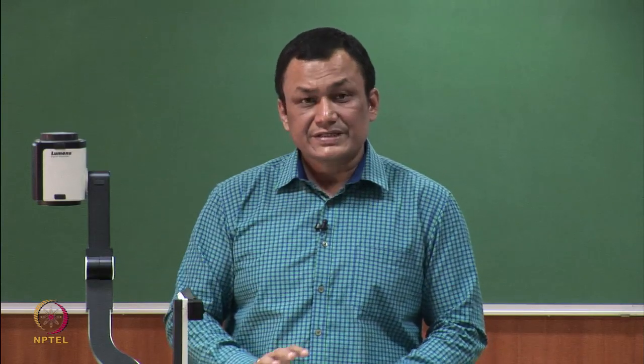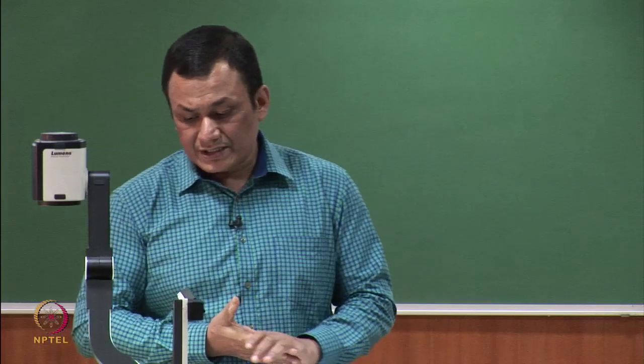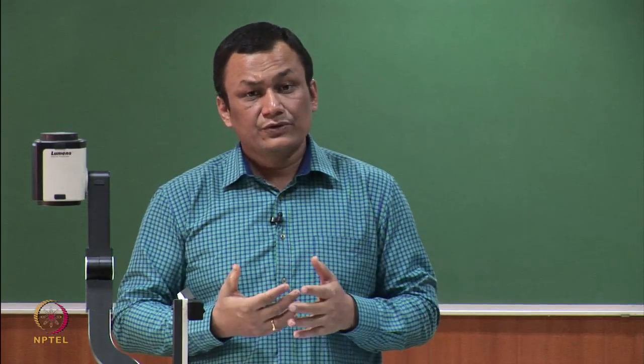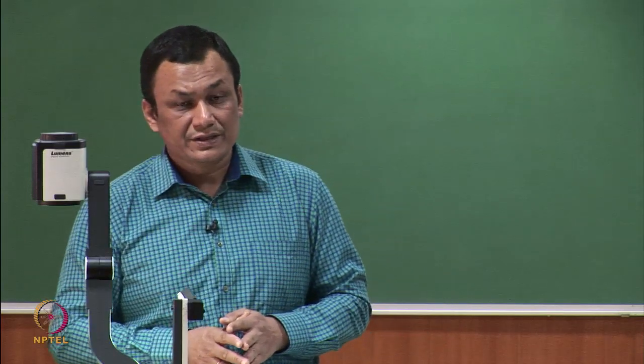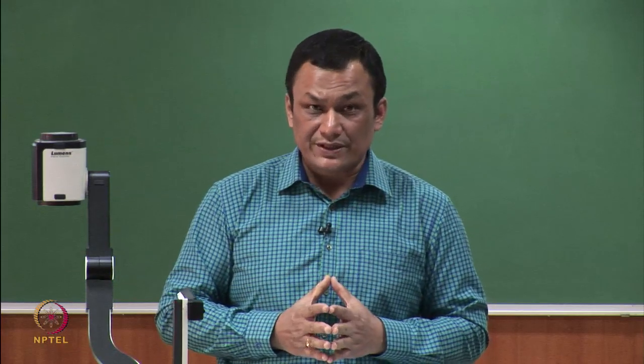Right. Now, this ends the theoretical discussion on fiber orientation. If you recapitulate what we discussed in the last 3 hours approximately on fiber orientation, we started with the intuitive concept of fiber orientation.